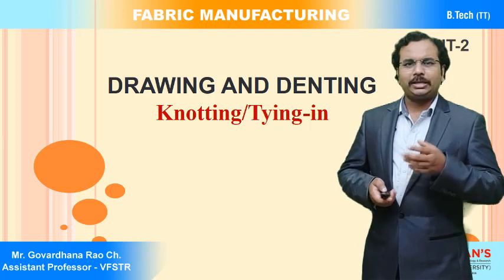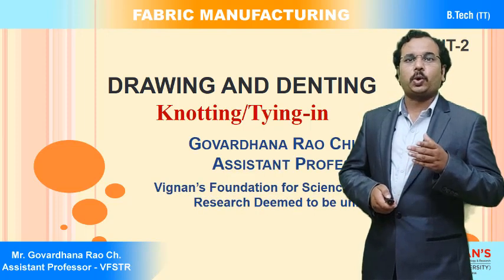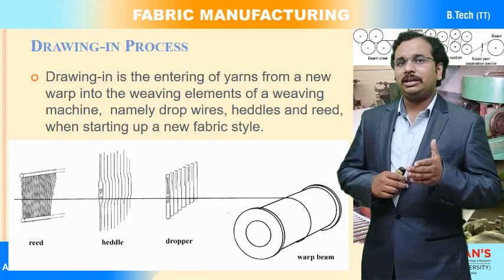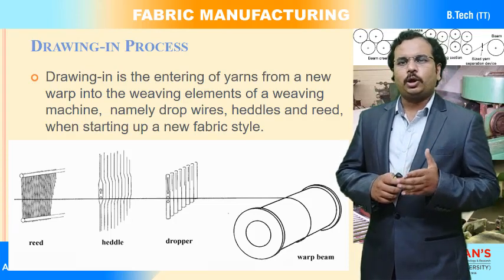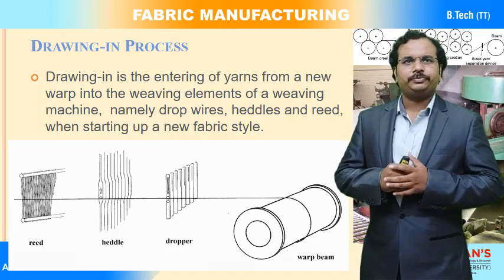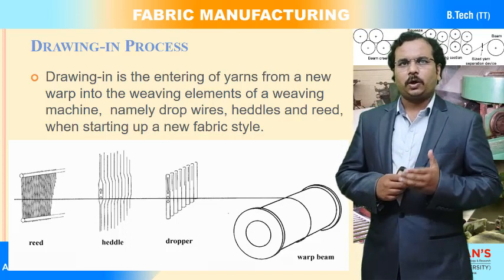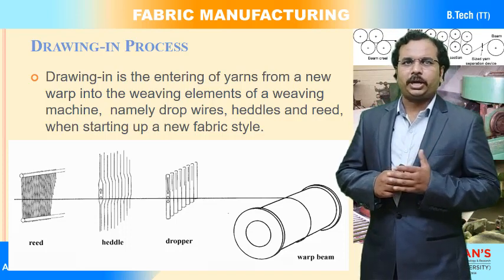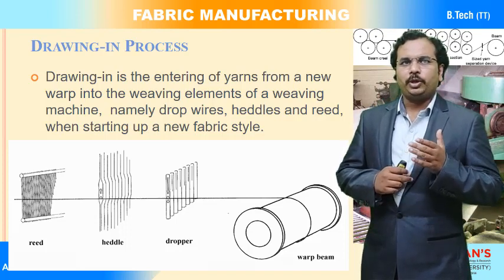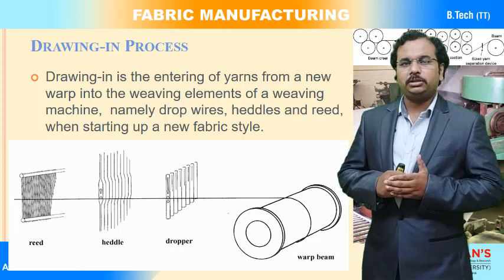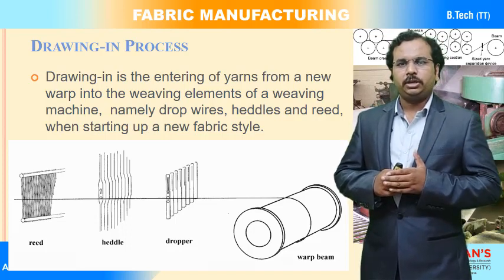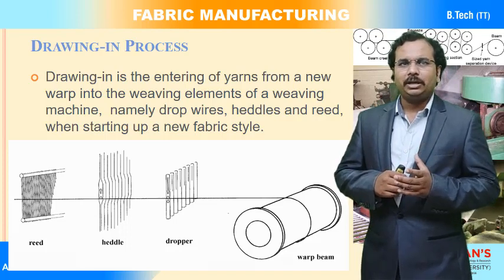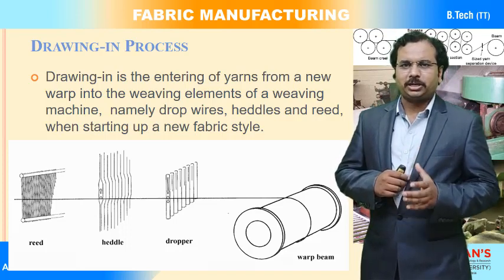Let us see what exactly drawing in and denting is. Drawing in is a process where the yarns or warp threads from a new warp are entered into the weaving elements of the weaving machine, that is, newly the drop wires, heddles and reed, when starting up a new fabric style.